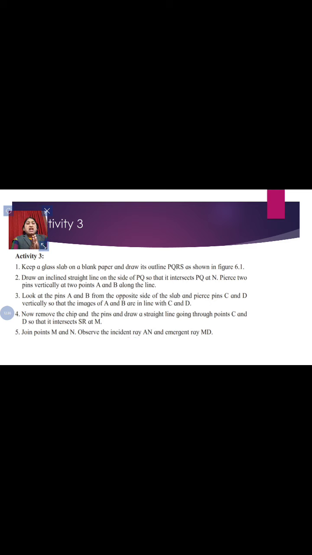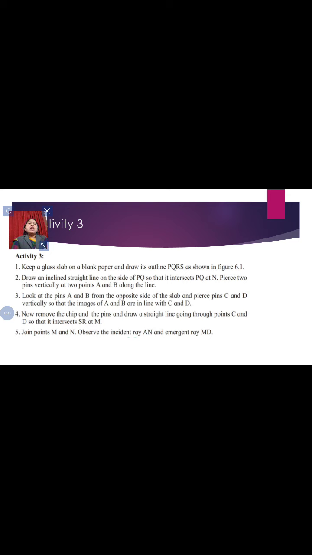If we take a glass slab on a blank paper and draw its outline and name that outline diagram, that is 4 points, that is PQRS. We take here a rectangular glass slab.